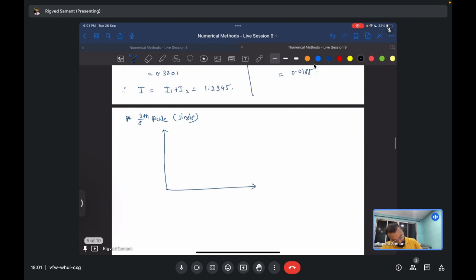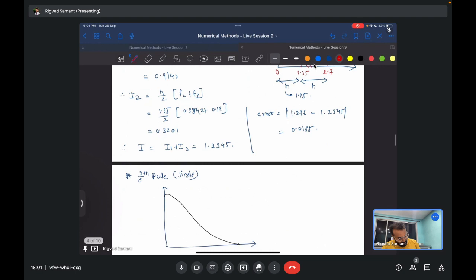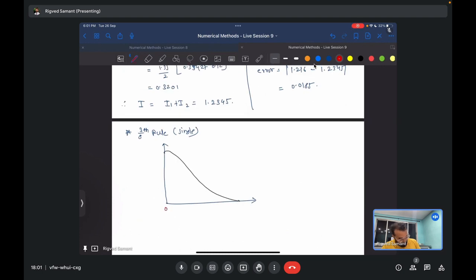Let's say you have a curve like this. Now we want to go from 0 to 2.7. In the 1/3 rule you had a midpoint, right?